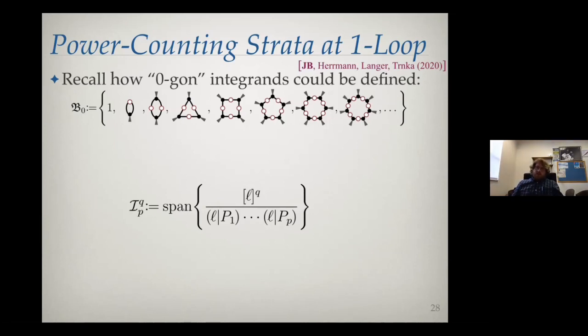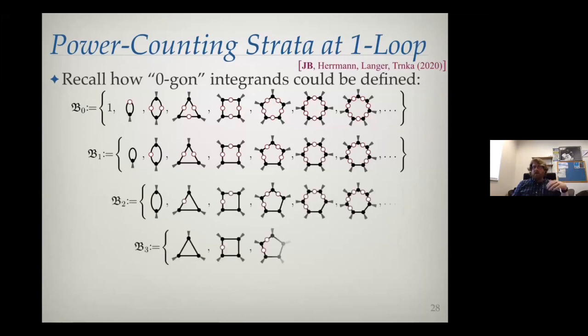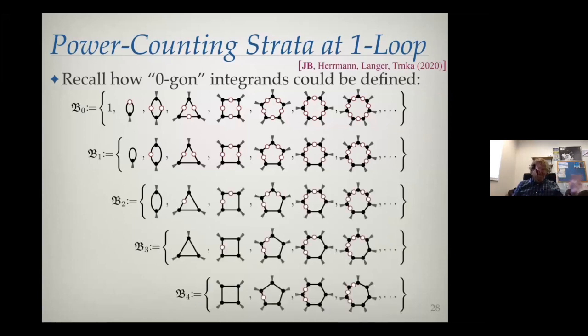So remember, call this definition here of Q inverse propagators over P propagators. Well, we can say that this is an element of the basis with P minus Q gon power counting. And so just as we defined the zero gon power counting basis, which is big enough for the standard model, we could similarly, in the same breath, talk about tadpole power counting bases, bubble power counting bases, triangle power counting bases, etc. And again, I want to emphasize here that there are inclusions, that these things include this way.